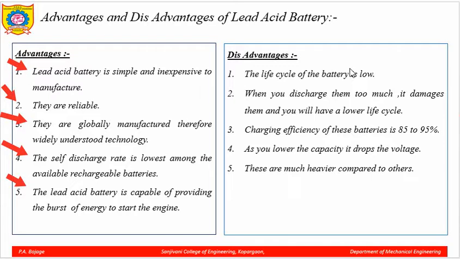What are the disadvantages? First, the life cycle of the battery is low, generally 3 to 4 years. When you discharge them too much, it damages them and you will have a lower life cycle. Charging efficiency of this battery is in the range of 85 to 95%.